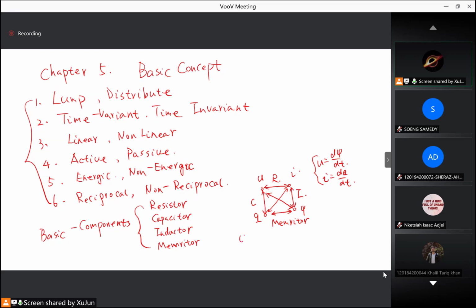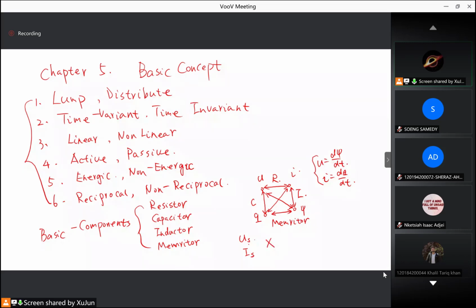So the voltage source and current source are not basic components. The voltage source we can treat as a nonlinear resistor or nonlinear capacitor. The current source we can treat as a nonlinear resistor and nonlinear inductor. Pay attention to this problem. The sources are not basic components.